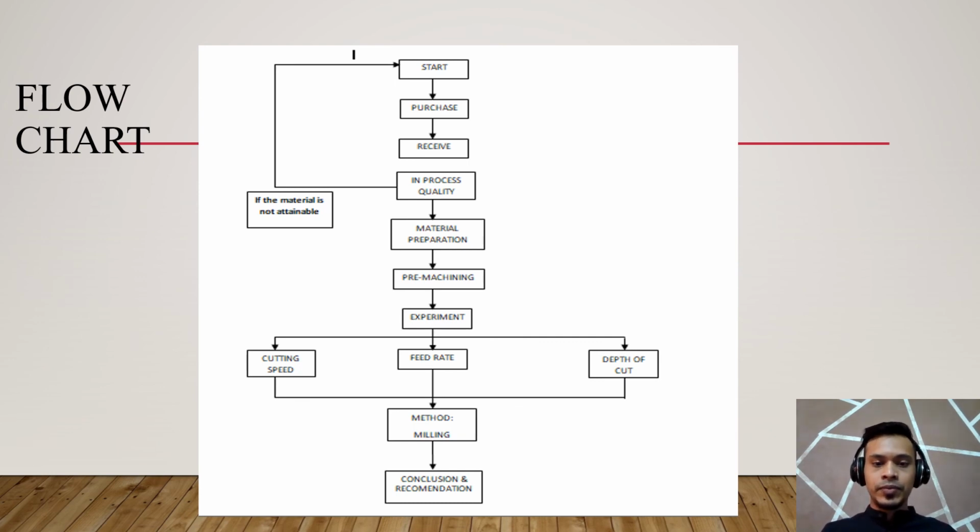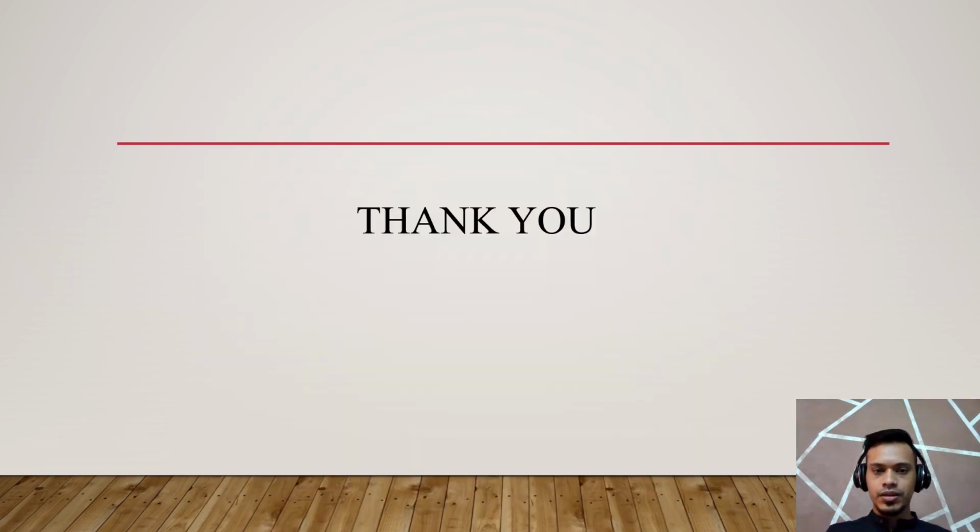To conduct this experiment, the method that we are using is the milling machine, and after that we come to a conclusion and give a best recommendation naming which cutting speed, feed rate, and depth of cut is suitable to have less surface roughness on the material CFRP.